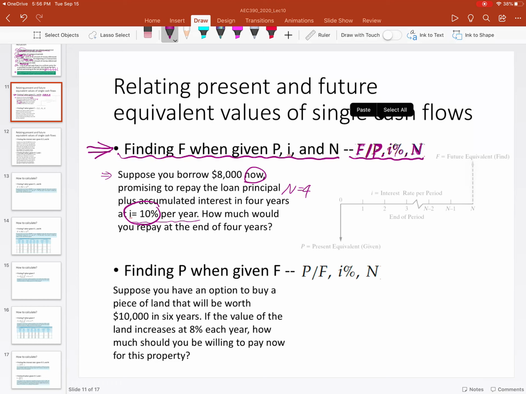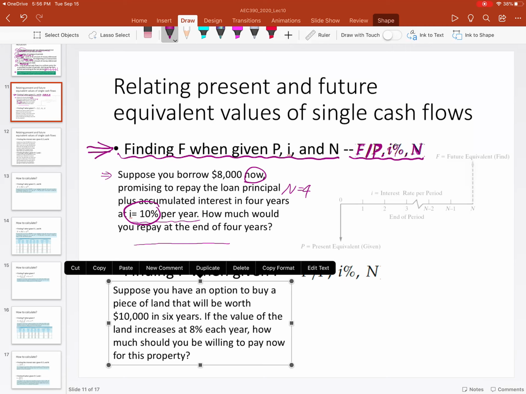And you can draw this type of cash flow like this. You have the timeline, and you look at this from your viewpoint. So you have 0, 1, 2, 3, and 4, right? And you borrow 8,000 now, so you have 8,000 as income. And the interest rate is 10%.